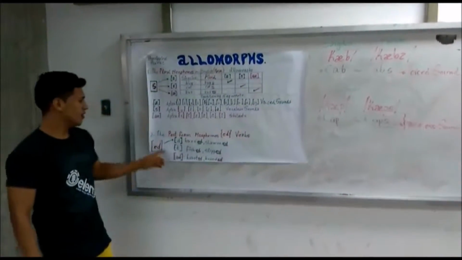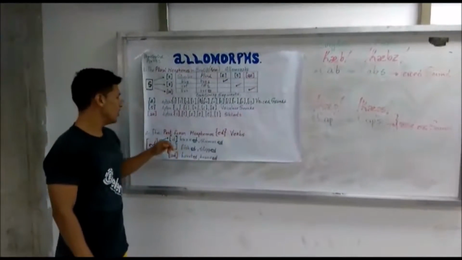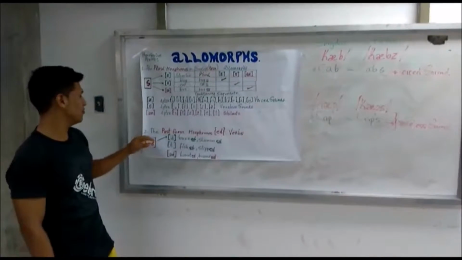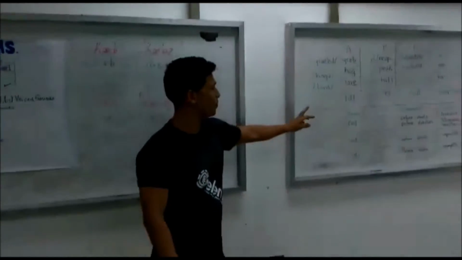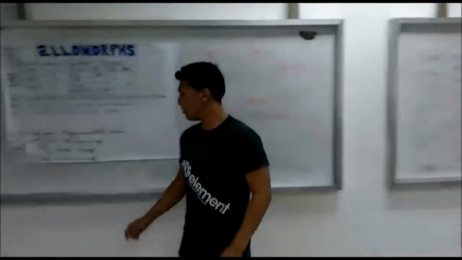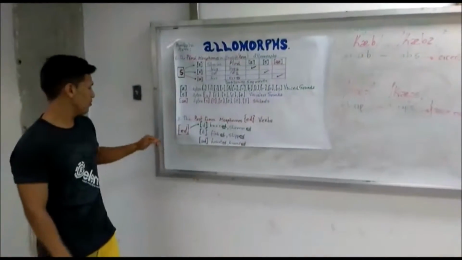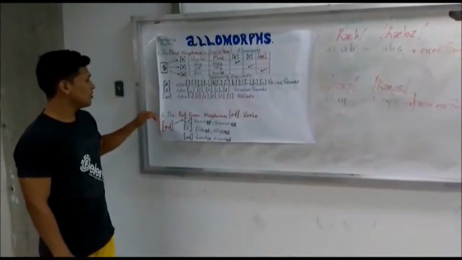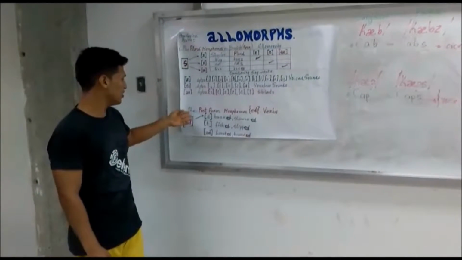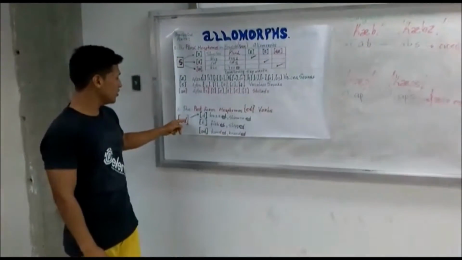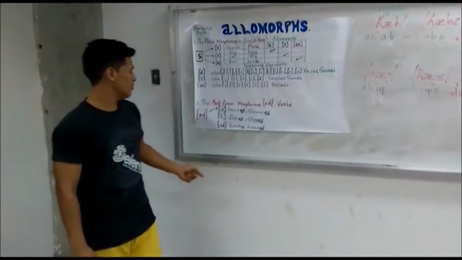Let's continue with the next environment. We have allomorphs in the past tense morpheme. In the past tense, it depends on the final sound of the verb. It can be a regular or an irregular verb.